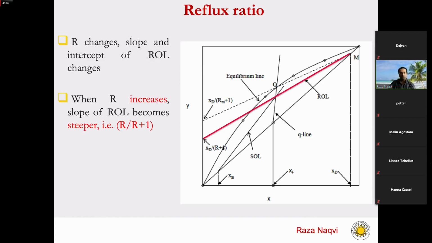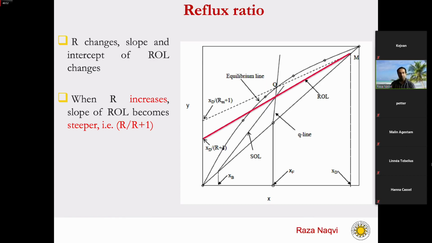You can also calculate the slope of the rectifying section using the reflux ratio. So if the problem gives the reflux ratio, either 1, 2, 3, 4, you can calculate the slope of the operating line for the rectifying section by just taking the ratio R over R plus 1.